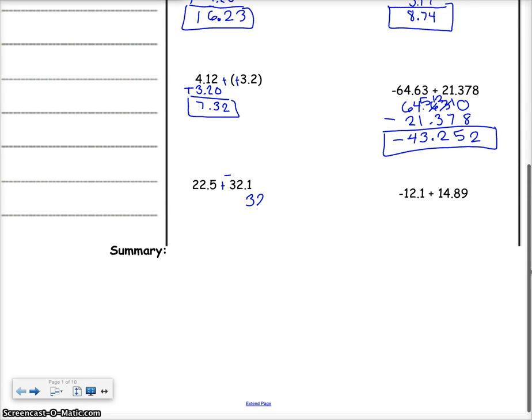So 32.1 will go on top, minus 22.5. I'm going to borrow. 11 minus 2 is what? 9. And then I determine my sign. I have 22.5 positives, 32.1 negatives. My negative has more, so the sum would be negative.